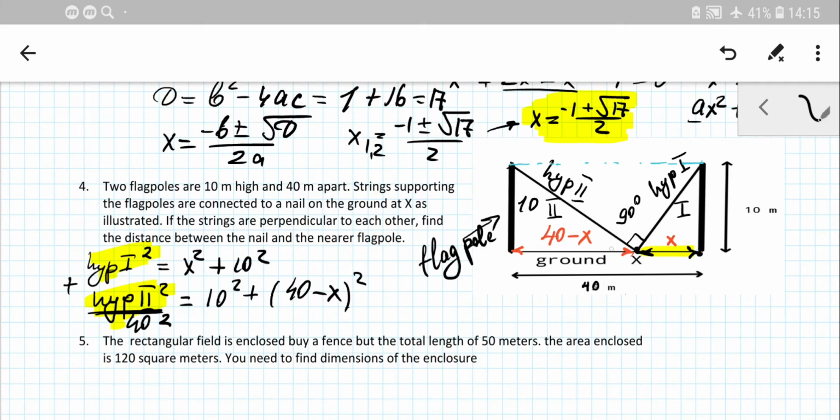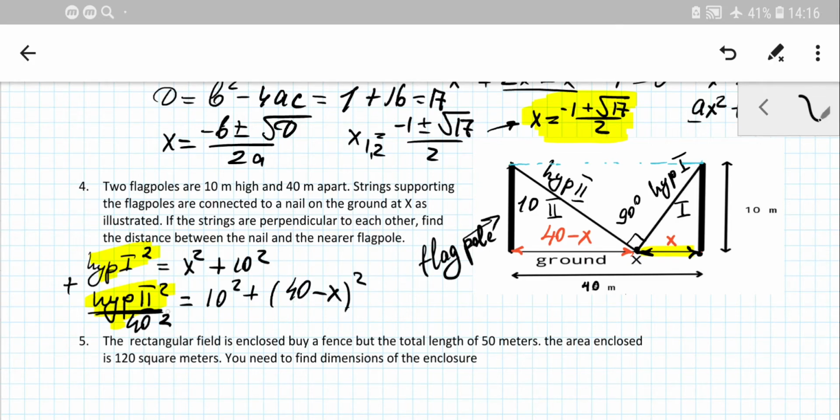Then we decided to arrange two Pythagoras theorems, one for each triangle. So that's how we express height 1 squared. Height 1 squared is this one, so it's root 10 in x. It's not changing. But height 2 squared, due to the new distance apart, 40 meters, we need to set up 40 minus x instead.